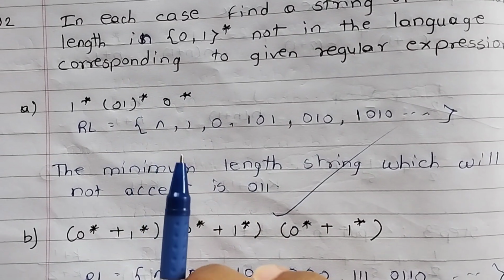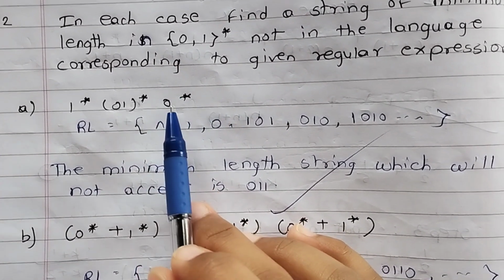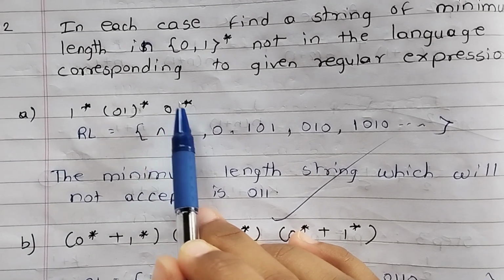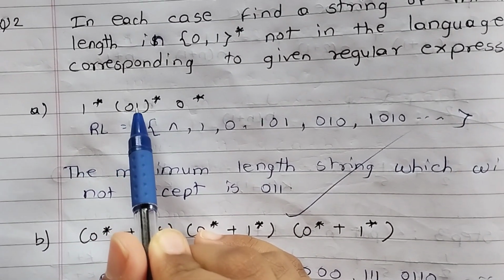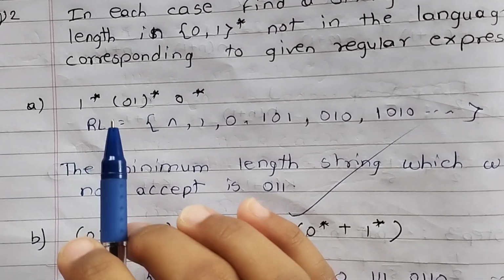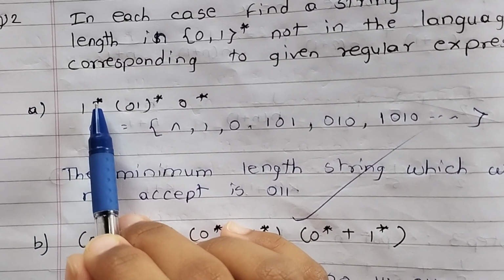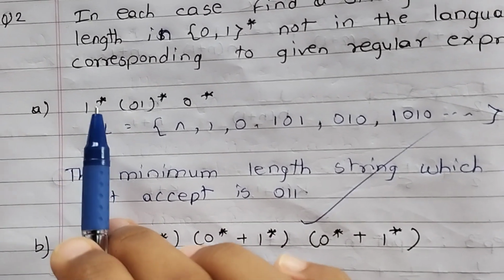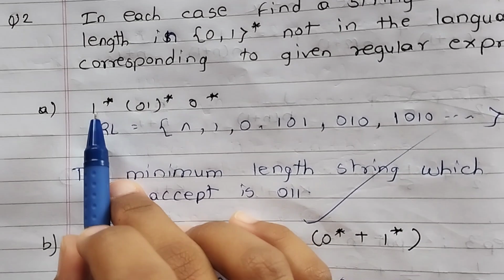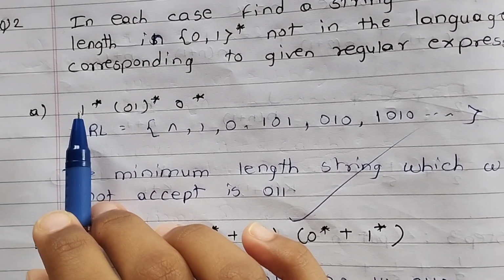Why? First, it ends with 0, and if we consider this 0 is null, then the string still ends with 0, 1. And if we say this is also null, then we consider only 1 star, and we take 1, double 1, triple 1, but in front of this 1 we cannot write 0, because the string does not start from 0.